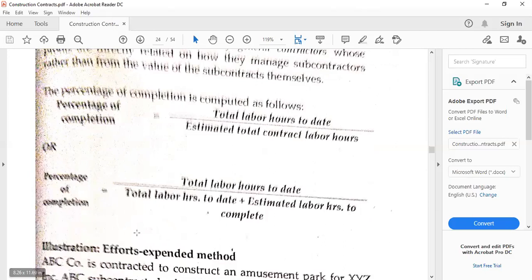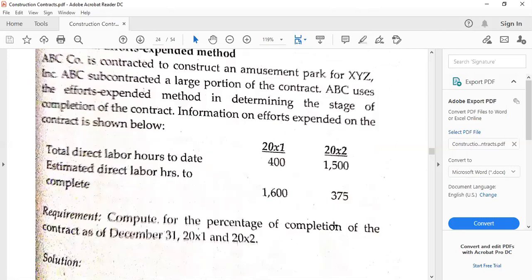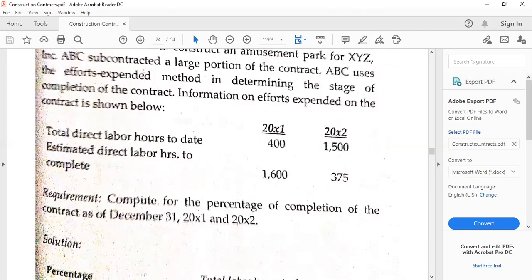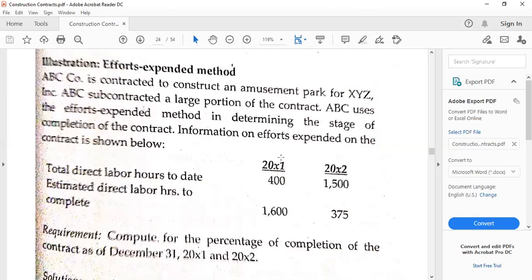So to simplify the formula, instead of using the costs, we are just going to make use of the labor hours. All right, so here is an example. We have for 20x1, these are the given. Take note to date and to complete. We can really see on the illustration that by saying actual cost incurred to date, the phrase actually connotes cumulative.